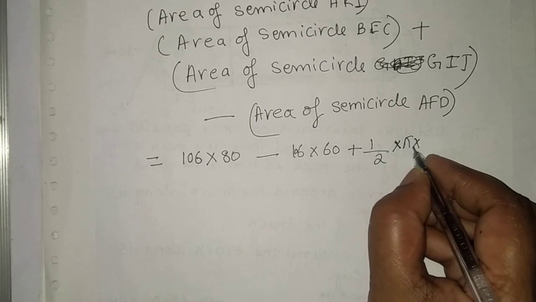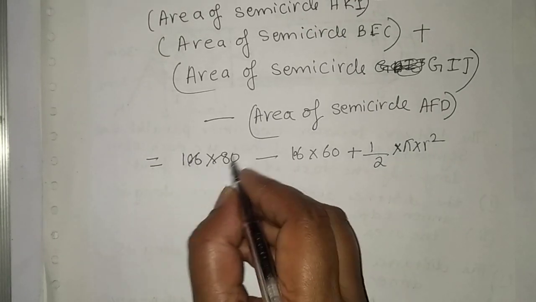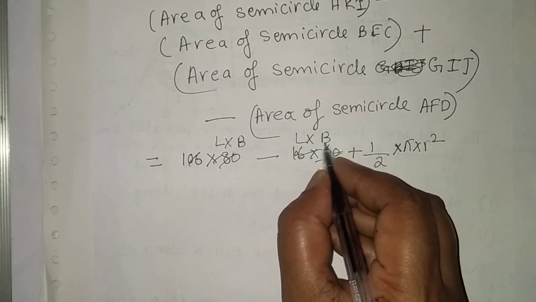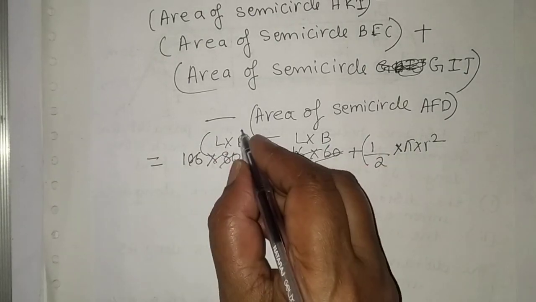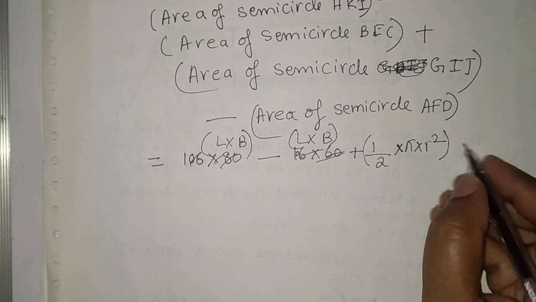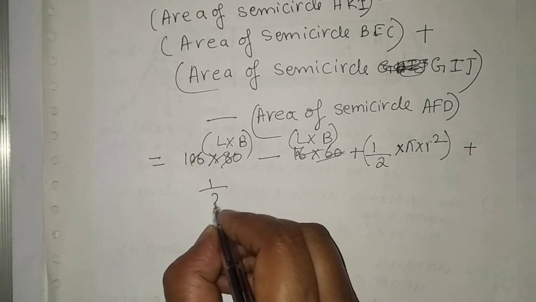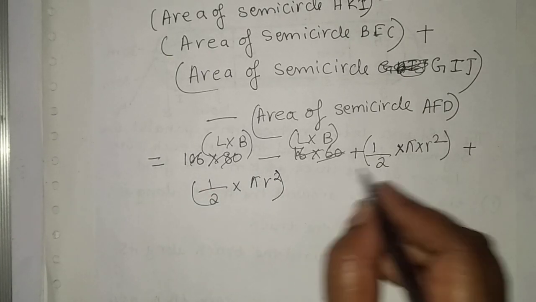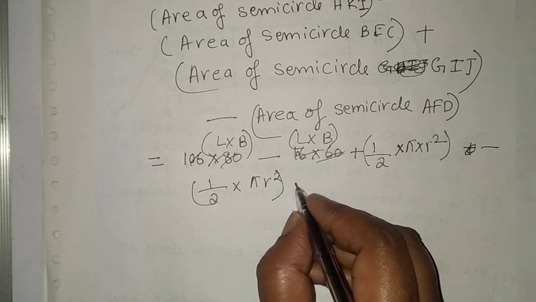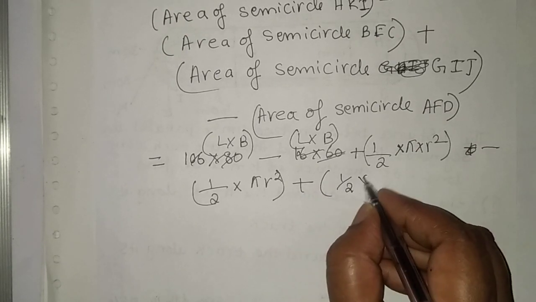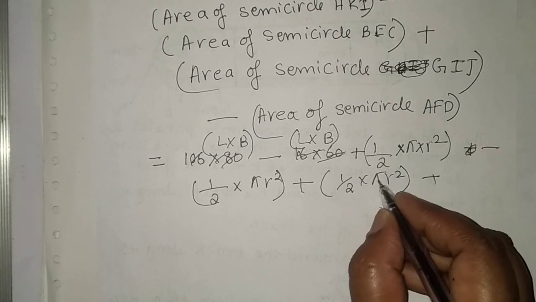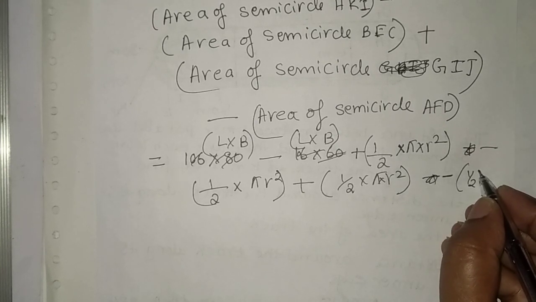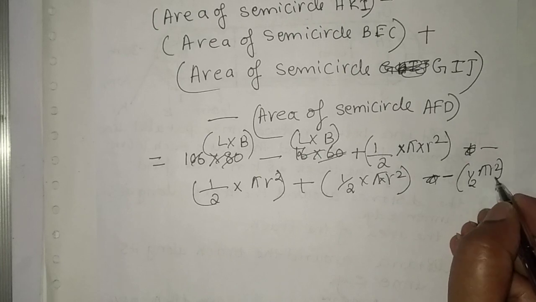Pi r square. First I will write the formula and it will be easy: length into breadth, again length into breadth, plus half into pi r square, again half into pi r square, minus, plus half into pi r square, minus half into pi r square. So this is the formula.